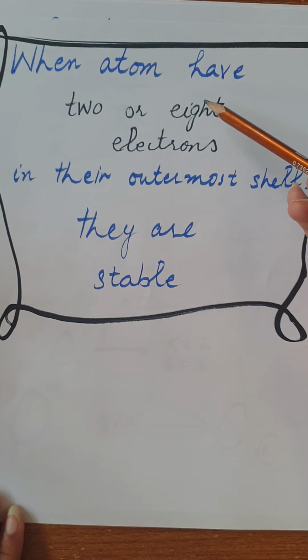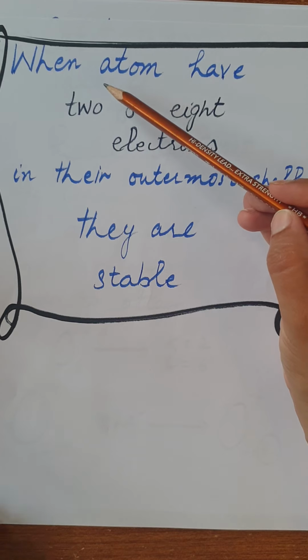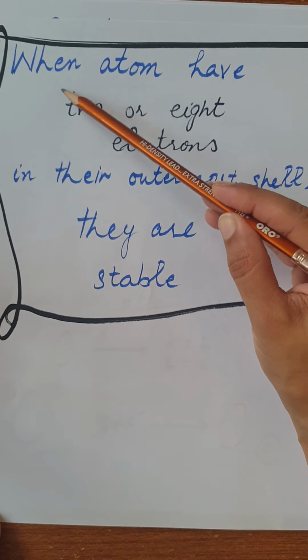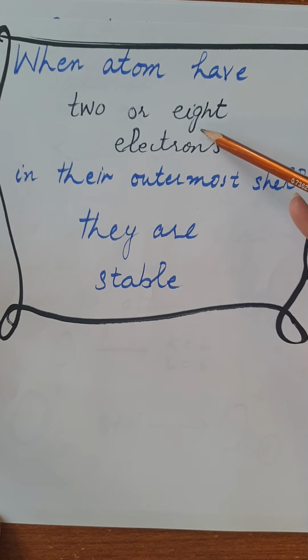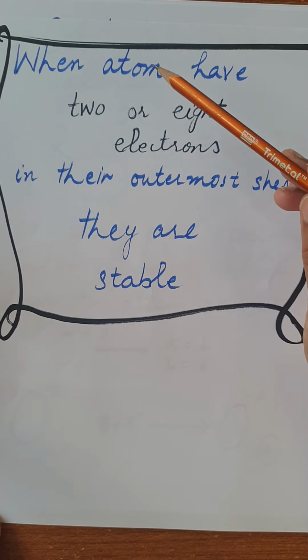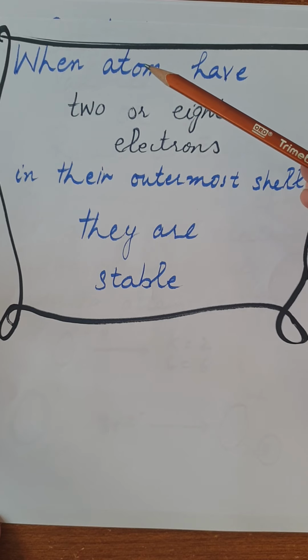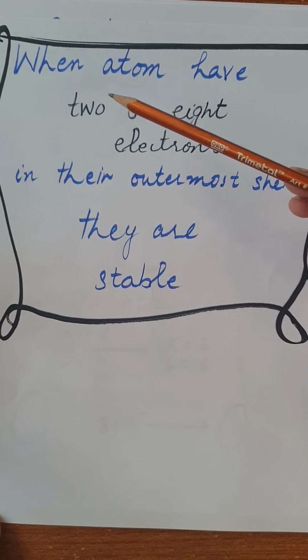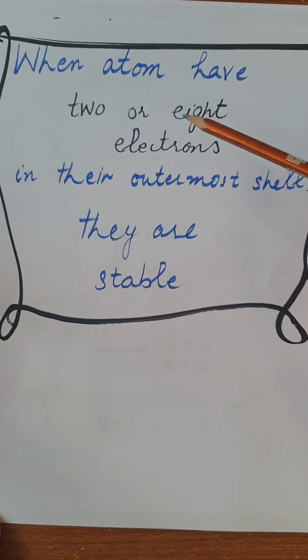For stability we have two conditions: the atom may have 2 electrons in the outermost shell, or an atom may have 8 electrons in the outermost shell.